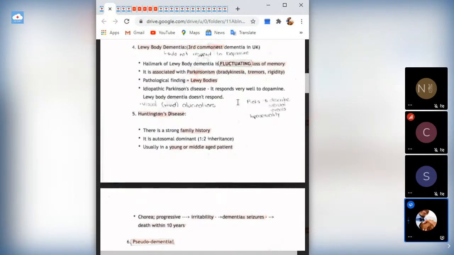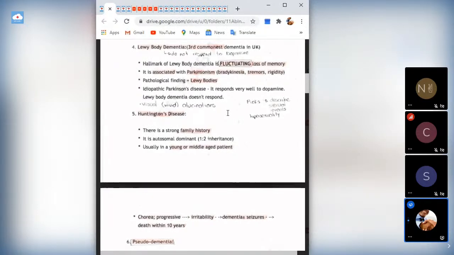It's remitting and relapsing. So the patient has memory loss, all of a sudden gets back to normal again, then starts having memory loss again. So it's fluctuating. That's the hallmark of Lewy body dementia, and it's associated with Parkinsonism.